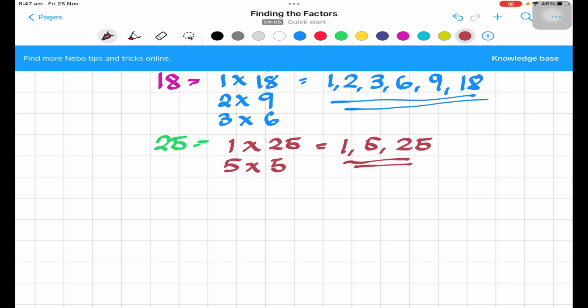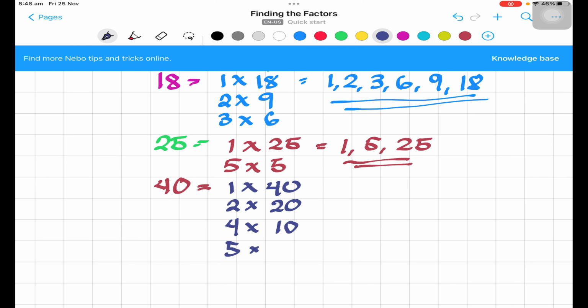Let's say you have 40. What are the factors of 40? It can be 1 times 40. It can be 2 times 20. It can be 4 times 10. We cannot use 3 because 3 does not go into 40. And then we can use 5 times 8.